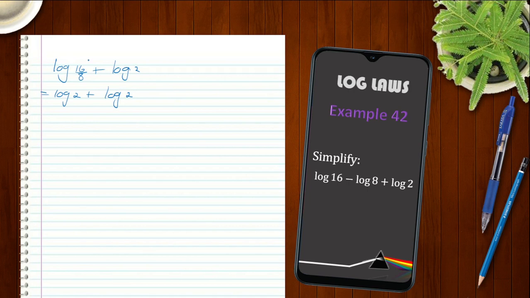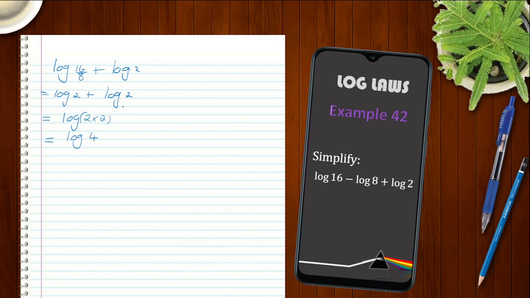This step isn't really necessary, but I'm doing it to show you where everything comes from. Then log 2 plus log 2 will be log 2 times 2. This step is also not really necessary, but then you can see that this will just be log 4.